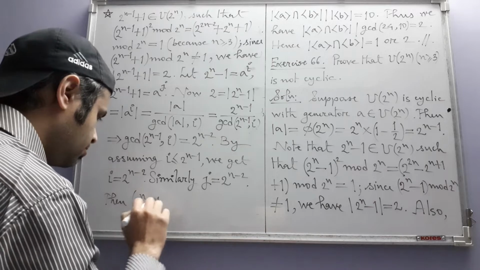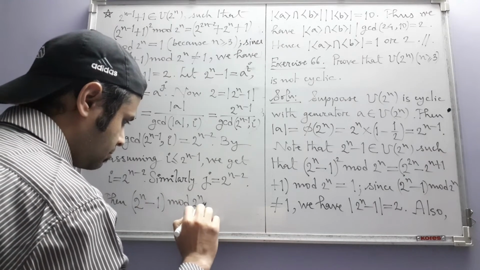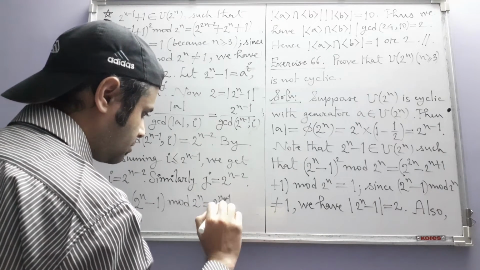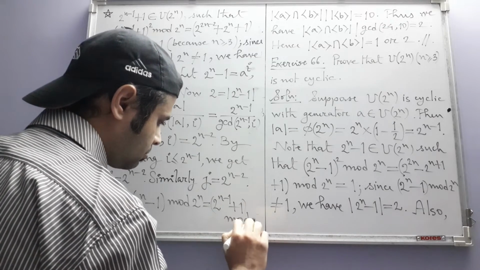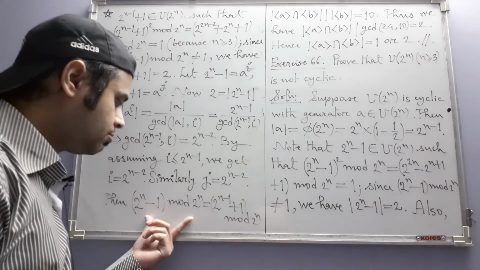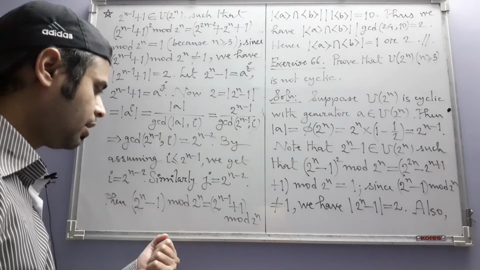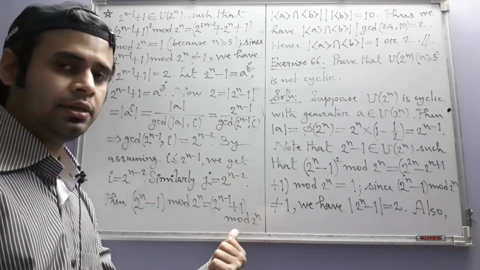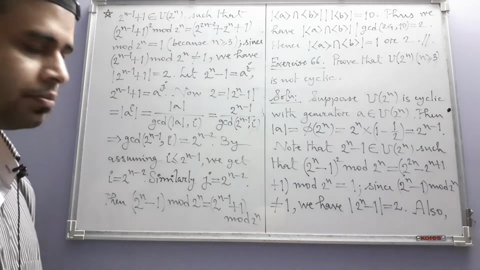That means these two things must be equal: 2 to the power n minus 1 plus 1 mod 2 to the power n. And these two things being equal means what? It is equivalent to saying that the difference of these two ordinary integers is divisible by 2 to the power n.